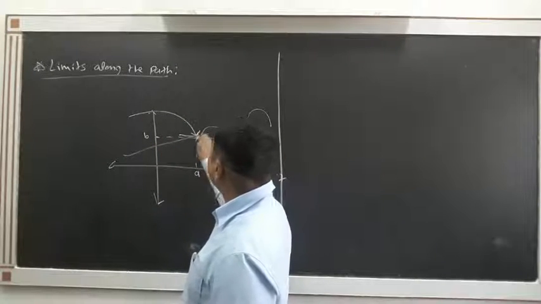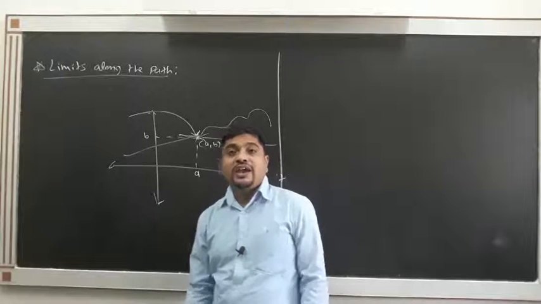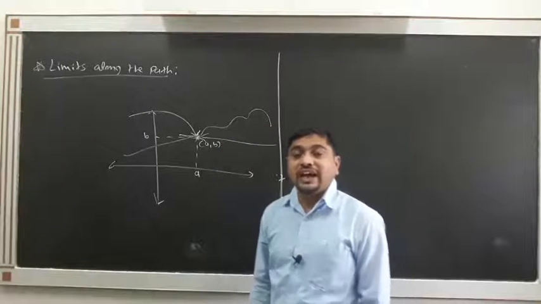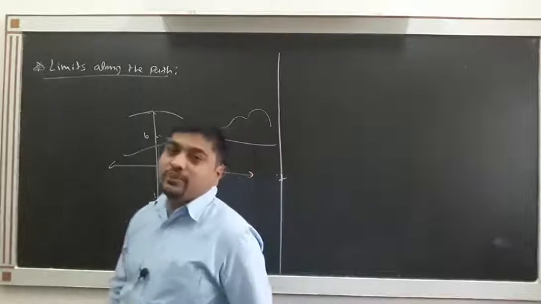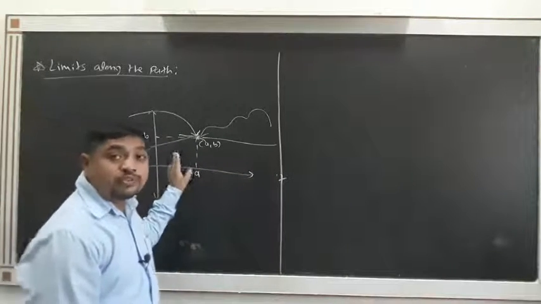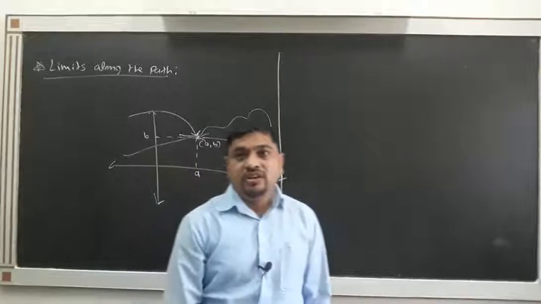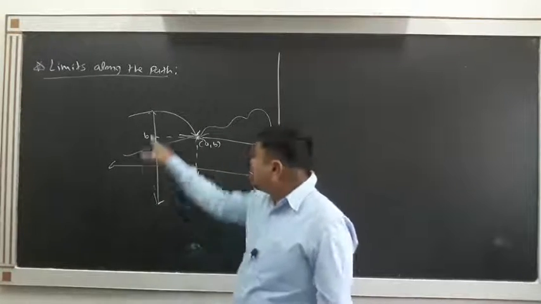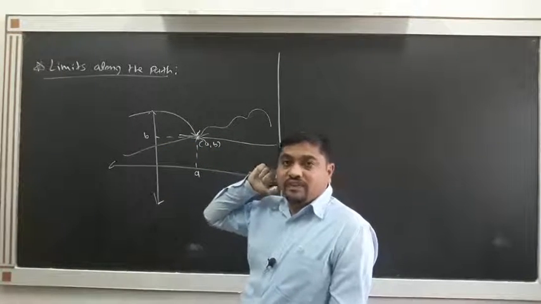That is, it comes from anywhere. It has infinitely many approaches or directions. Any direction it can approach (a, b).